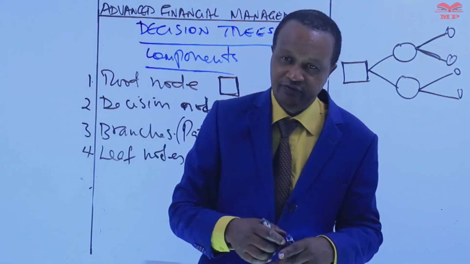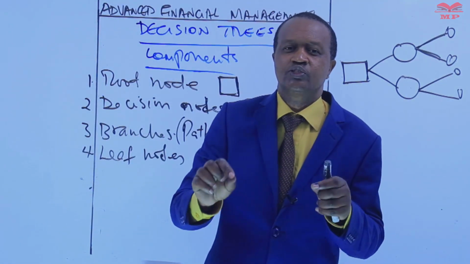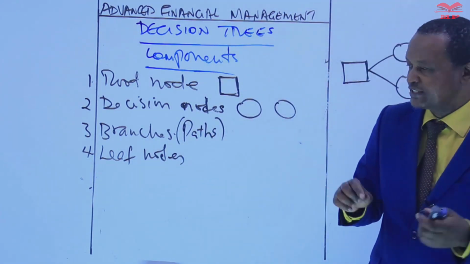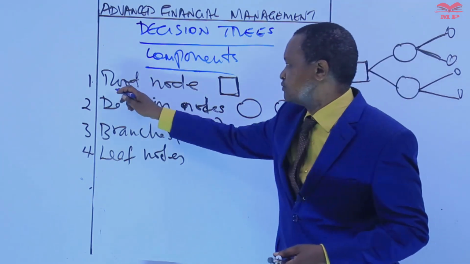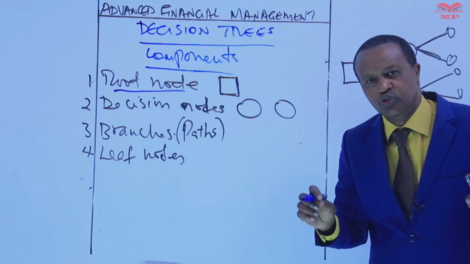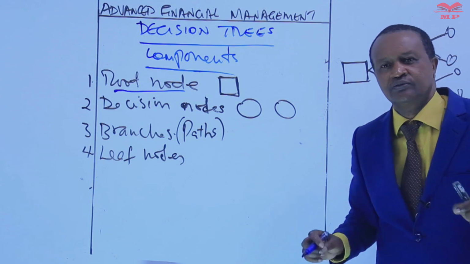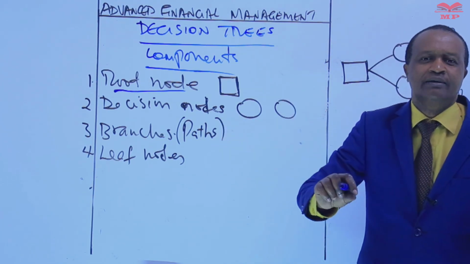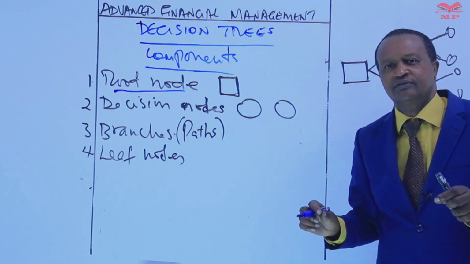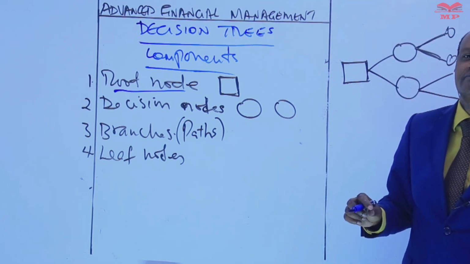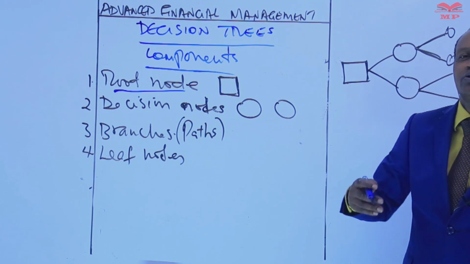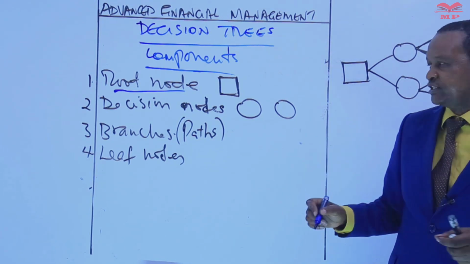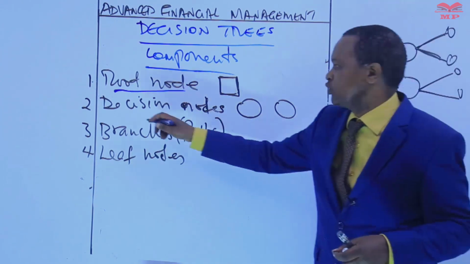So I've said, candidates, that decision trees start at the root node. The process begins at the root node, which represents the main problem or decision to be made. Then we progress to evaluating conditions at the decision nodes.